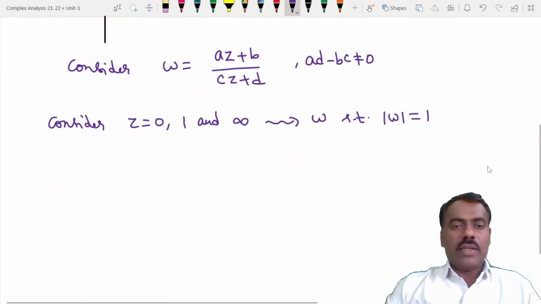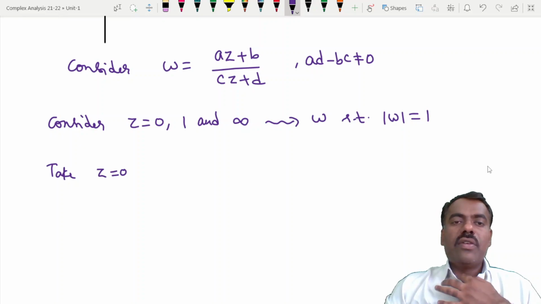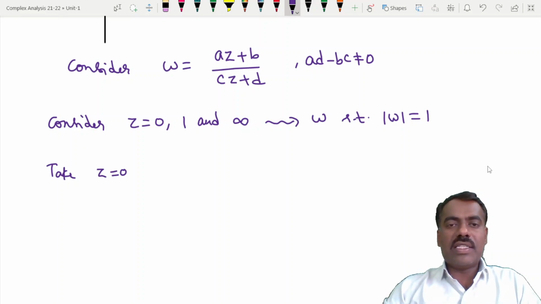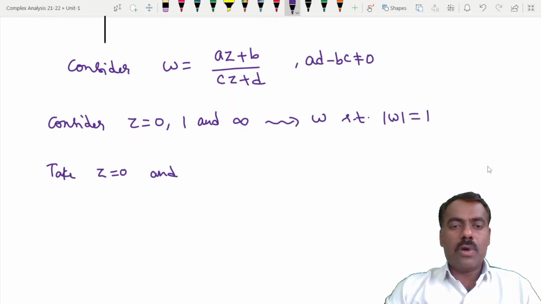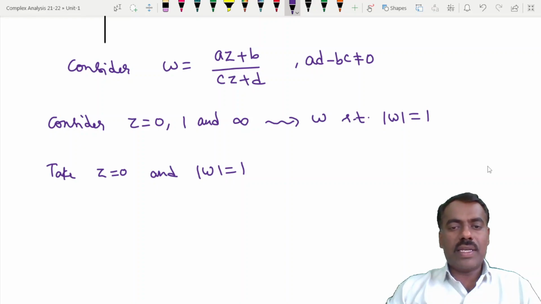Fine. So now take z is equal to 0, for which mod w is equal to 1. For this case, what does the transformation look like? Mod w is equal to 1, and when you substitute z is equal to 0, we simply get mod b by d.